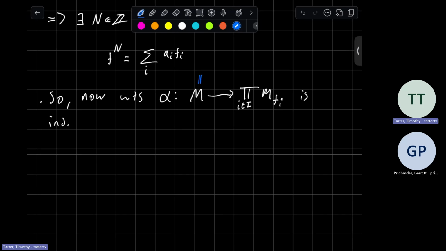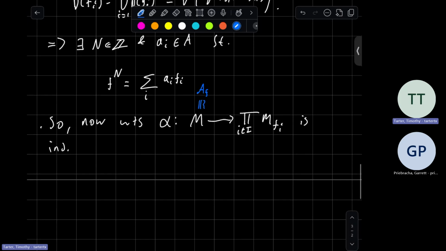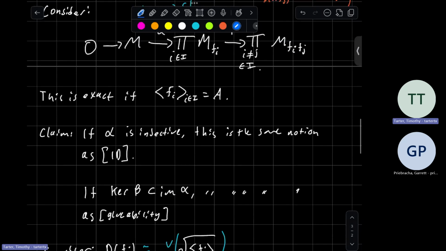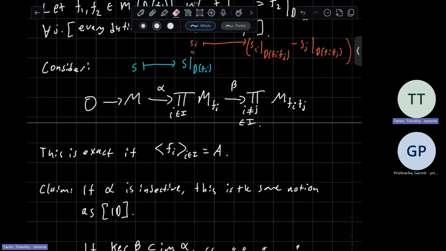And I'm just going to note that this is isomorphic to A localized at f_i, and I'm realizing that this is the product of g_i's. g_i, g_j.